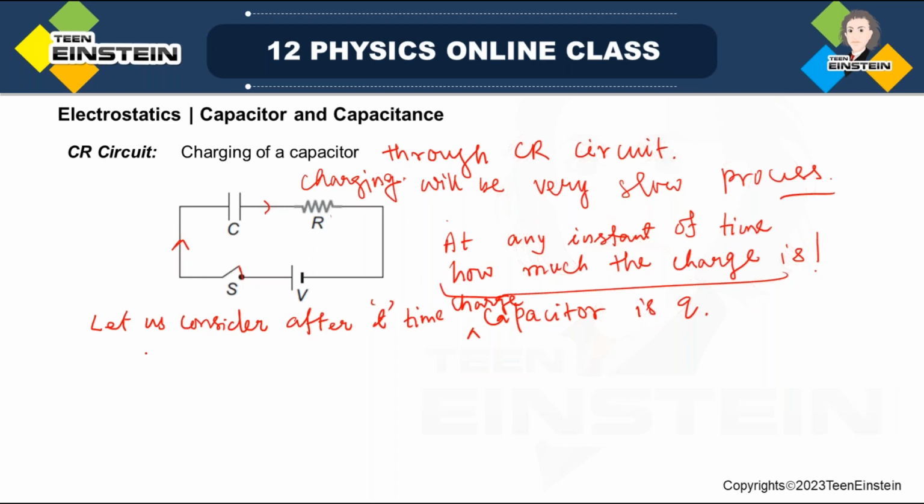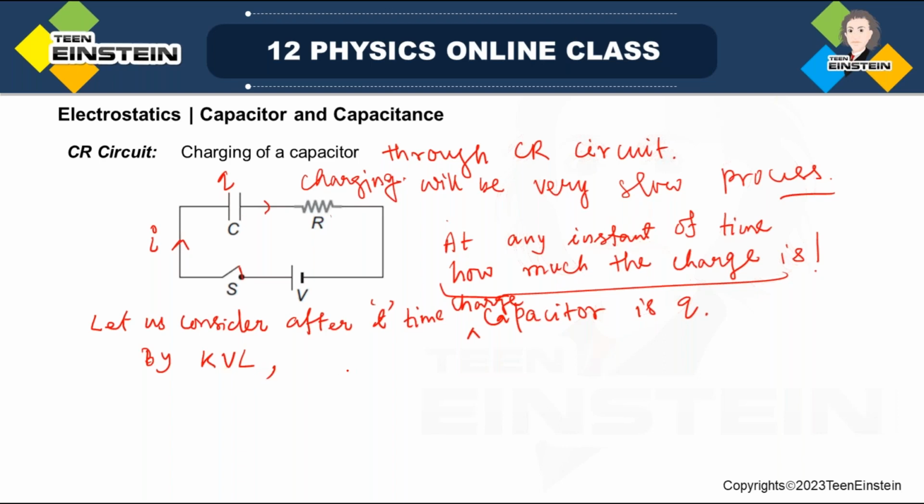So by KVL, what can we write? I'm just taking the situation where the current in the circuit is I, and Q is the charge stored across this capacitor.